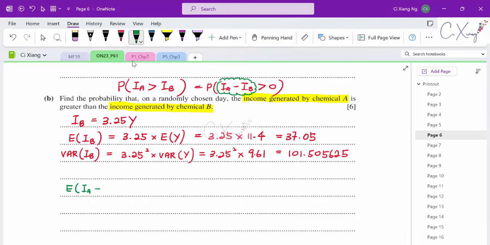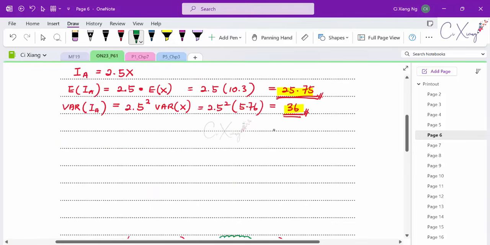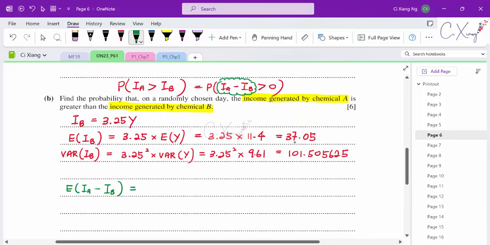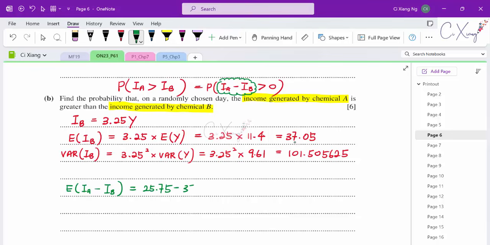So mean of IA minus mean of IB, you directly take the mean just now, 25.75 minus the IB, 37.05. So you should get a negative value, so negative 11.3. Then how about the variance?